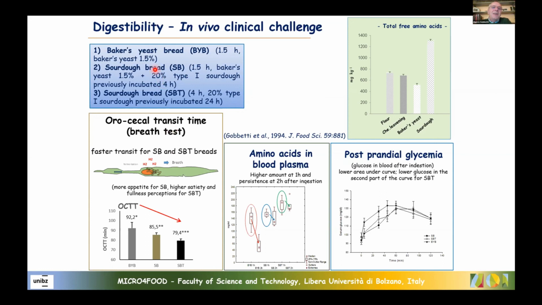The sourdough bread has a faster orocecal transit time, has a lower postprandial glycemia, and you can get a faster absorption of amino acids in blood plasma. So the conclusion is that the sourdough bread is more digestible than baker's yeast bread.